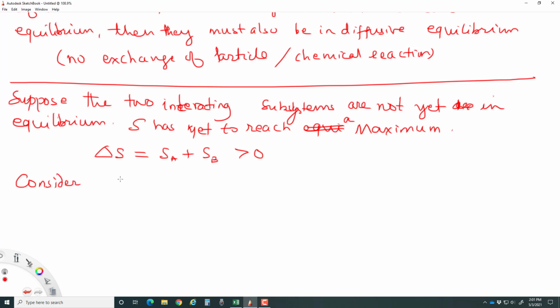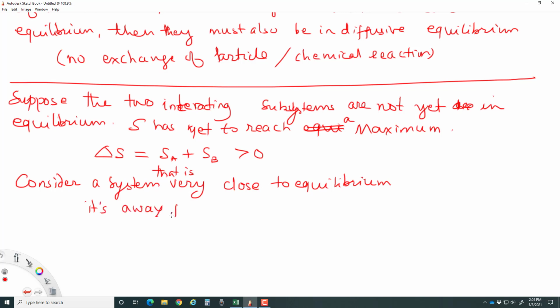It is away from the equilibrium by a very small, infinitesimally small amount, due to an excess of that much mass in subsystem A. So once this mass is equally distributed, then the system will be in equilibrium.